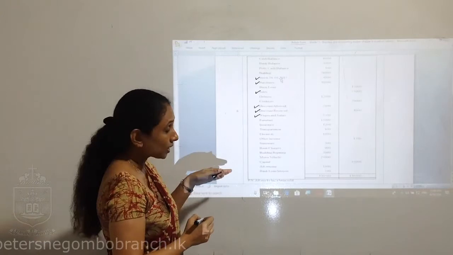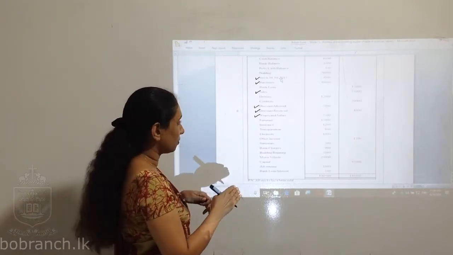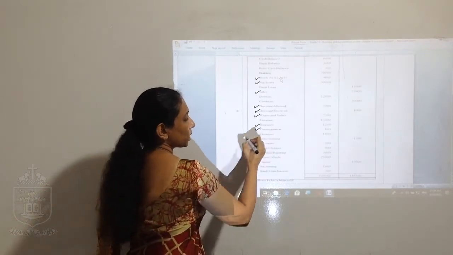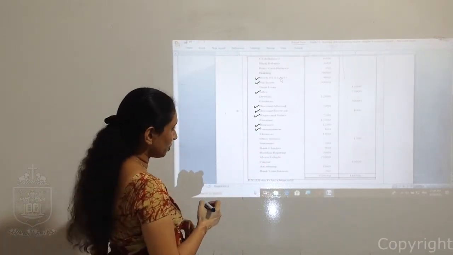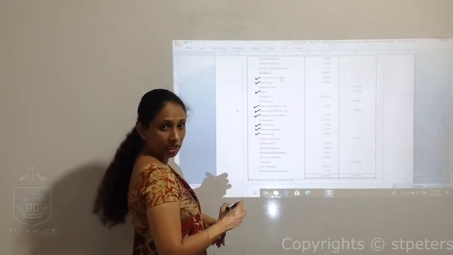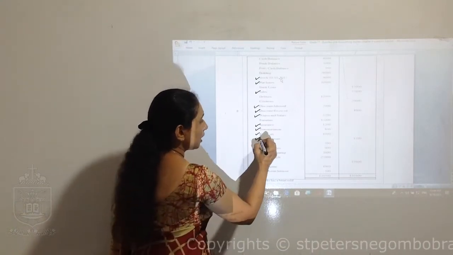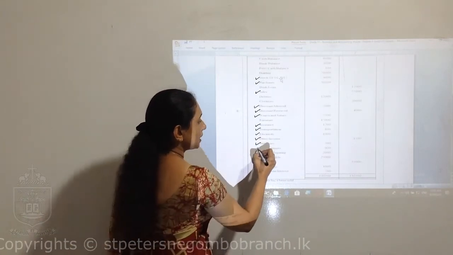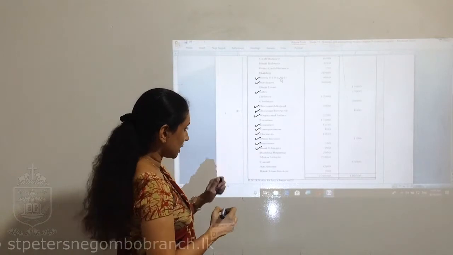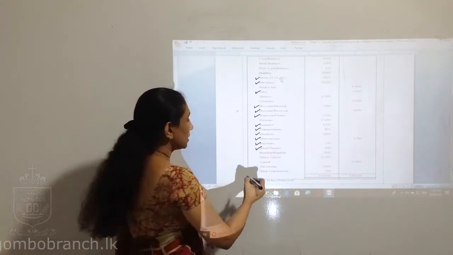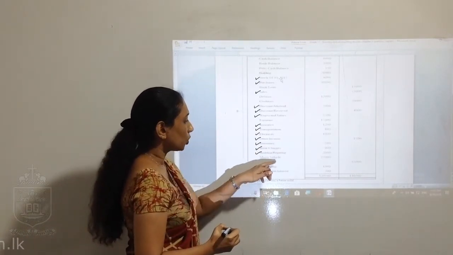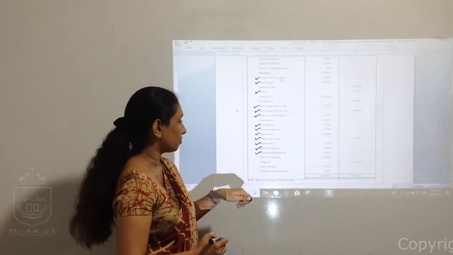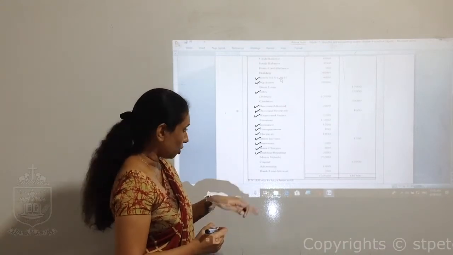furniture, a non-current asset which is not relevant for us, insurance, administration expense, transportation, distribution expense, electricity, administration expense, other income, stationery, administration expense, bank charges, again a finance expense, building repairing, administration expense, motor vehicle, which is a non-current asset, so therefore it's not relevant for us to prepare the profit or loss statement.